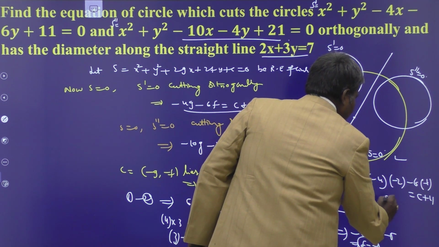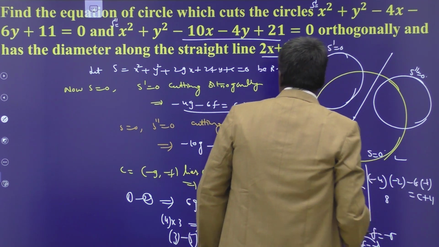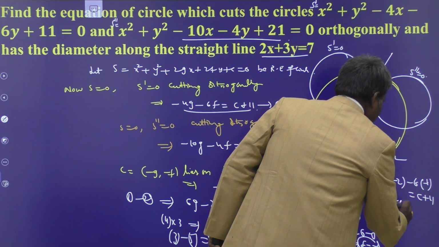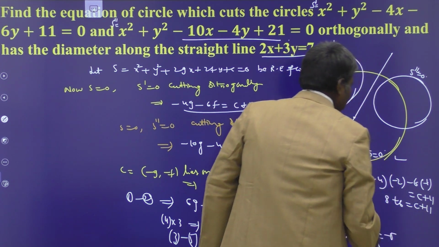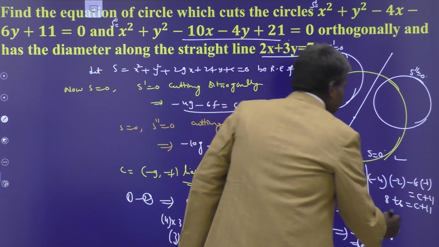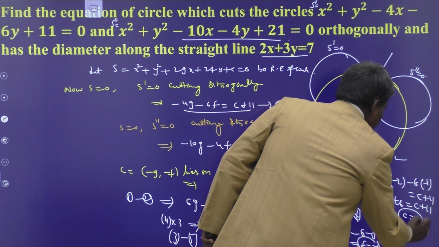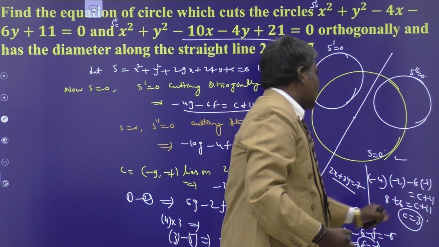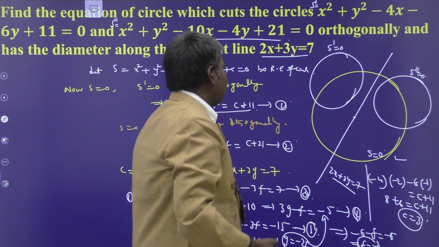So this is nothing but 8 minus 6 into minus 1, minus 6 into minus 1 plus 6 is equal to c plus 11. This is 14. 12 plus 2, 14 minus 11, that is equal to 3. The value of c is 3.